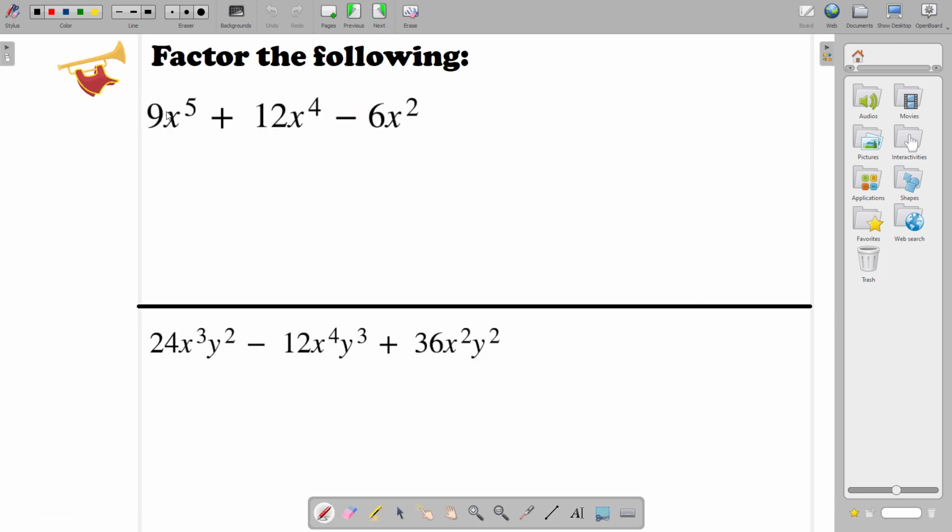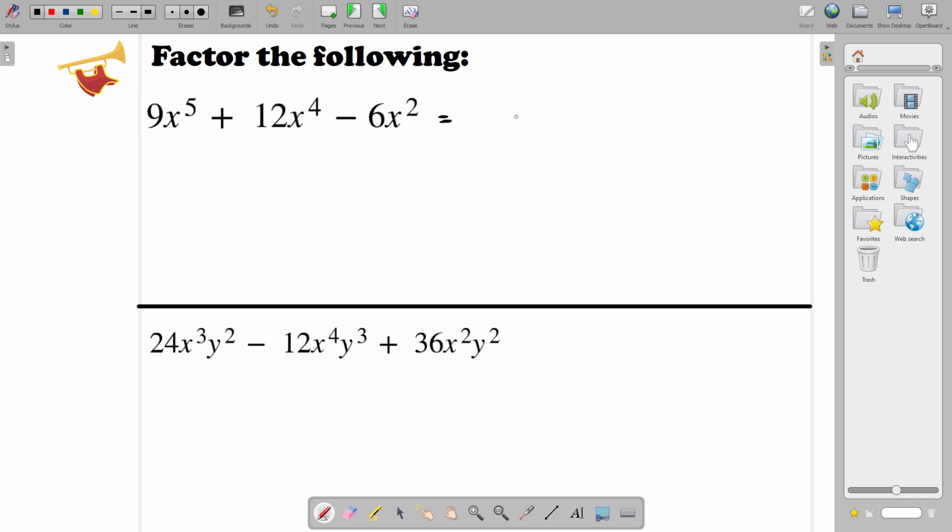All right, let's take a look at this one. This time we have 9x to the 5th plus 12x to the 4th minus 6x squared.